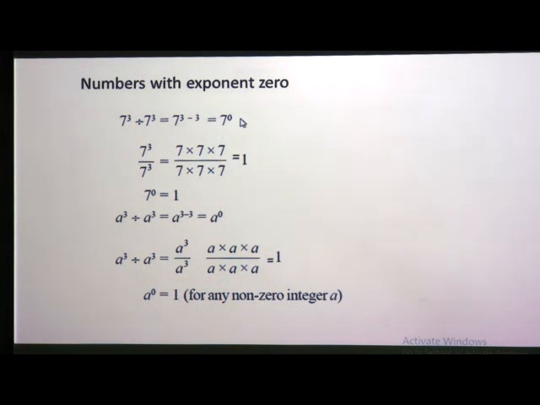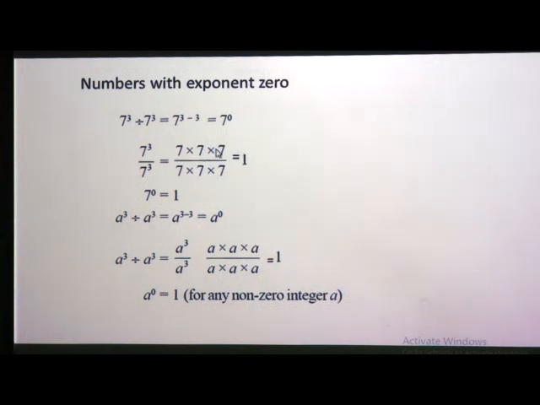So now here we will see it stepwise: 7 to the power of 3 upon 7 to the power of 3, which is written in expanded form as 7 into 7 into 7. Here in the denominator also we have the same number, so we write the expanded form as 7 into 7 into 7.